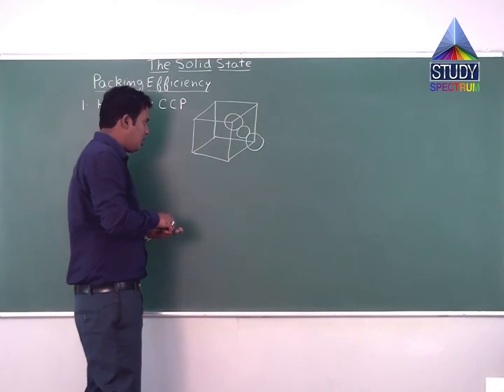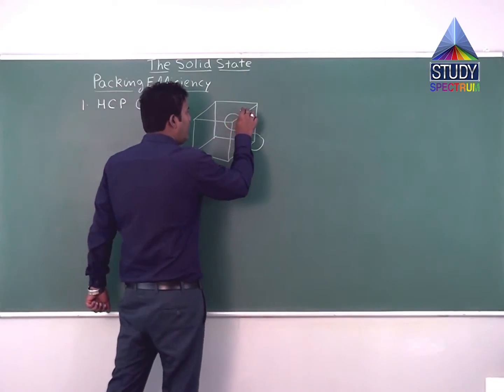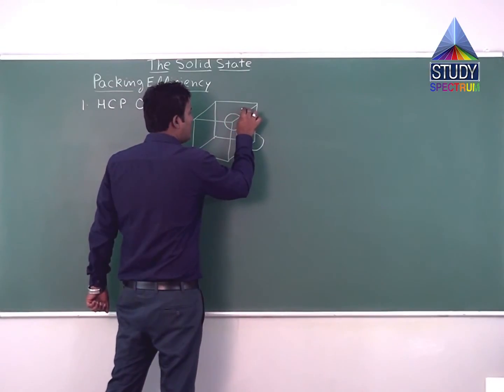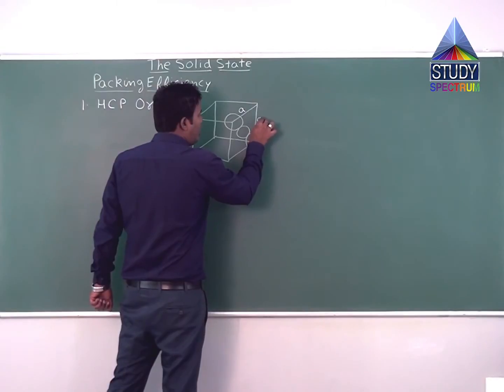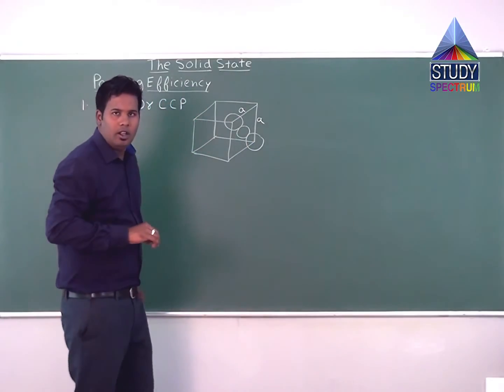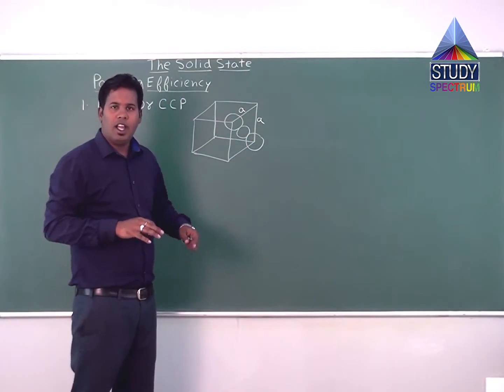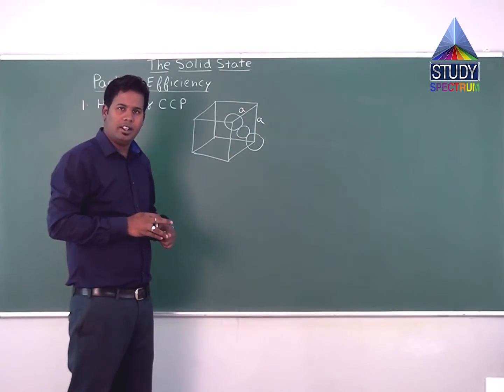Now suppose the edge length of this cube is represented by small a, then the angle between any two edges is actually 90 degrees.